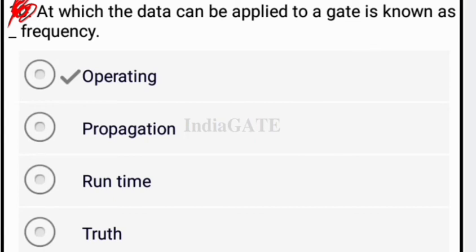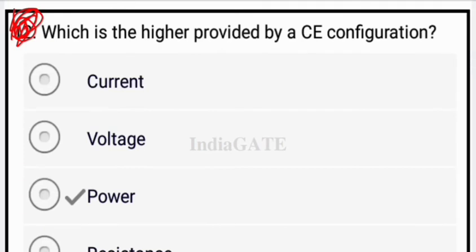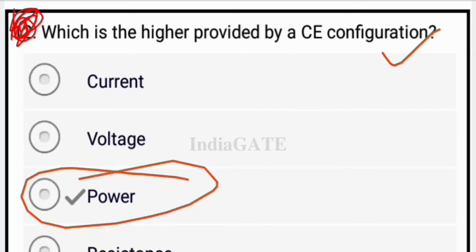Okay, operating frequency is your correct answer. The next question is, which gain is the highest provided by a CE configuration? Okay, CE configuration you must know about. So here the correct answer is power. Power means option third is your correct answer. Means power gain is the highest provided by the CE configuration.